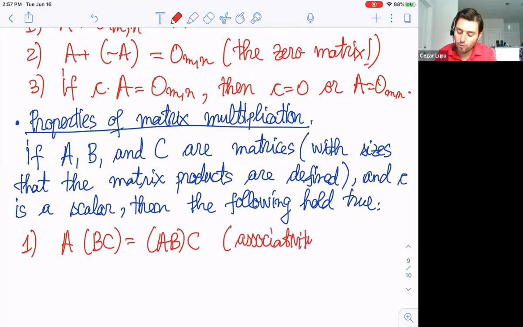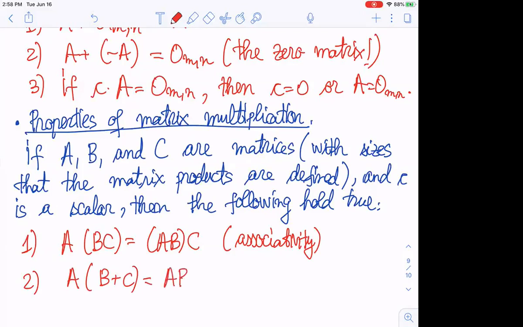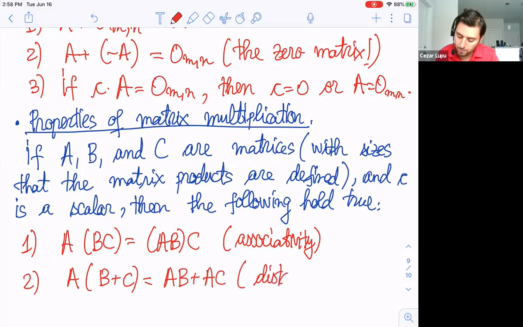This holds true for any three matrices. This is an amazing property. Then the second one: what if we have some kind of distributivity? A times B plus C will be nothing else than just AB plus AC. So this is distributivity.